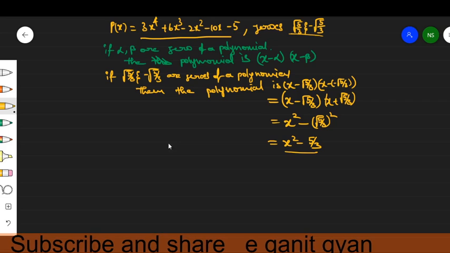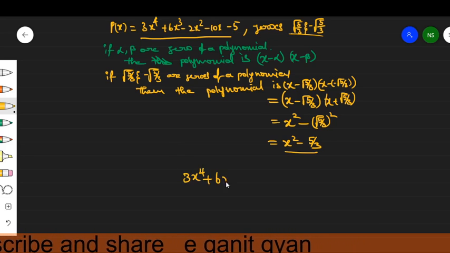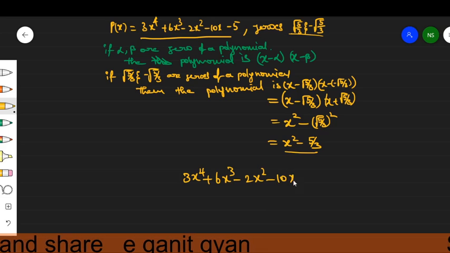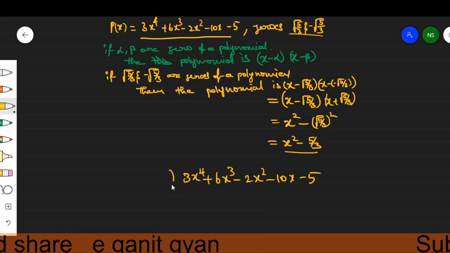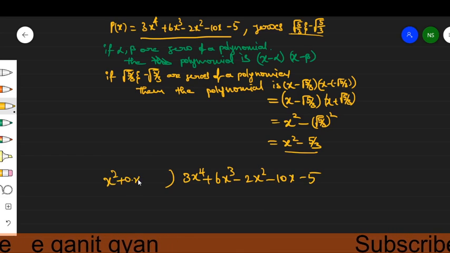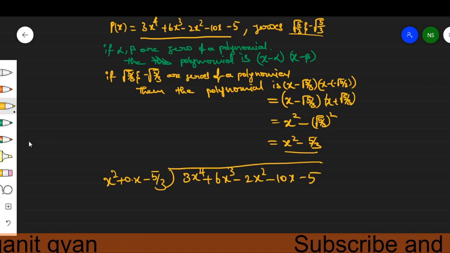Then I divide 3x⁴ + 6x³ − 2x² − 10x − 5 with x² + 0x − 5/3. What will I get? Let me check.